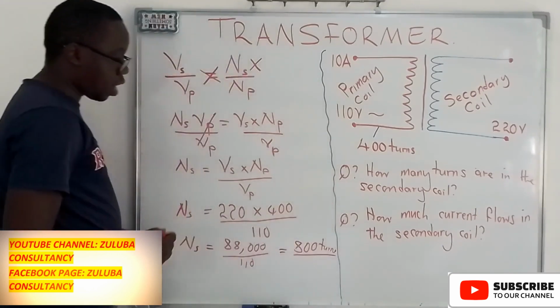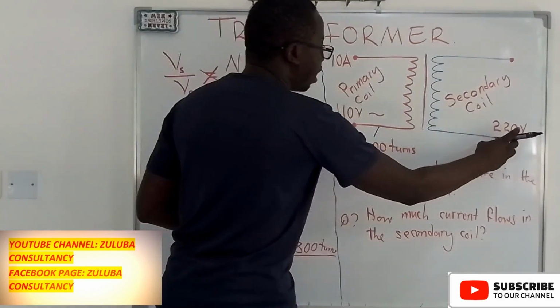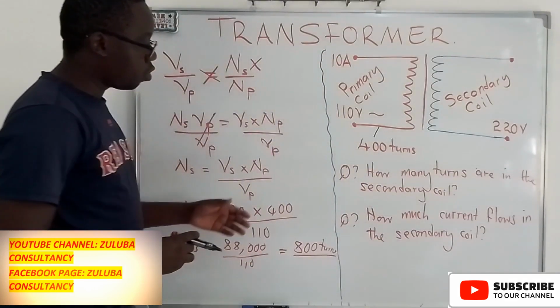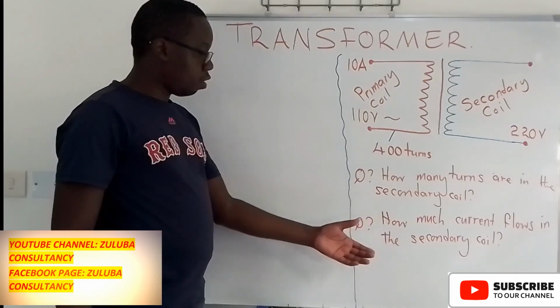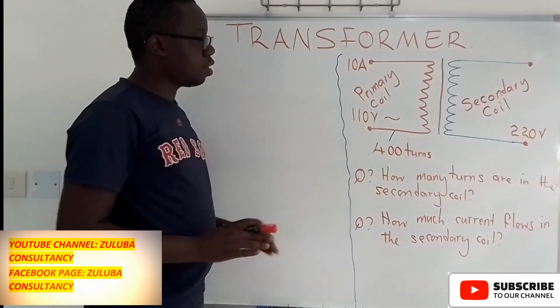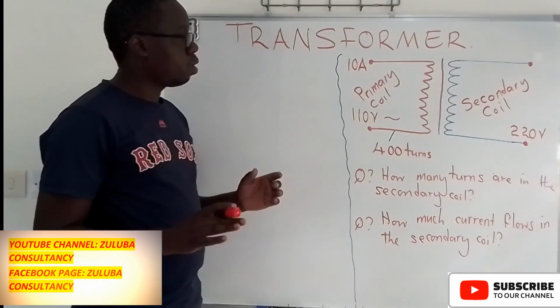So this becomes the number of turns in the secondary coil. Let's look at the next question. The next question is asking us to calculate the current flowing in the secondary coil.